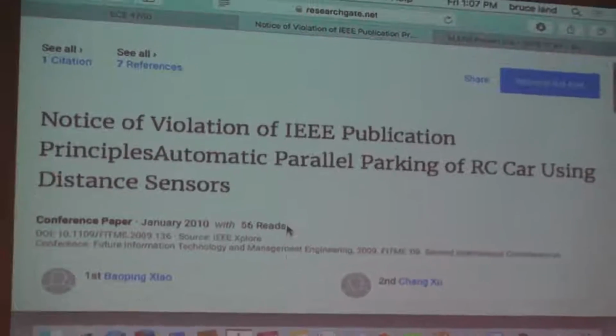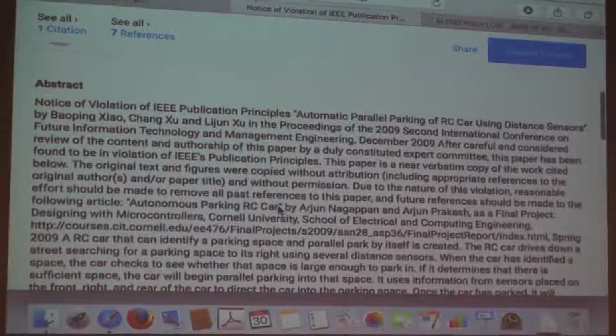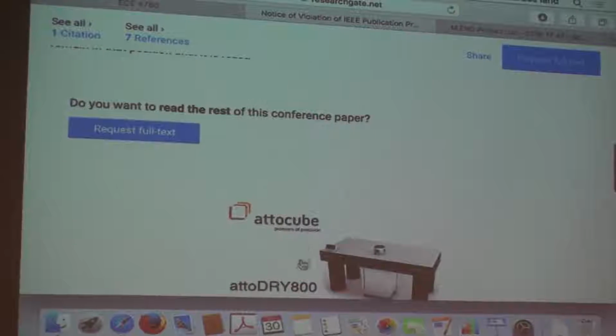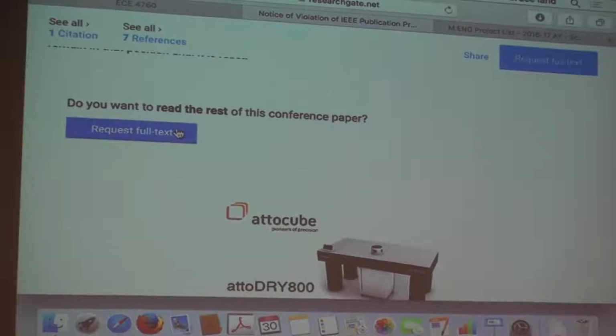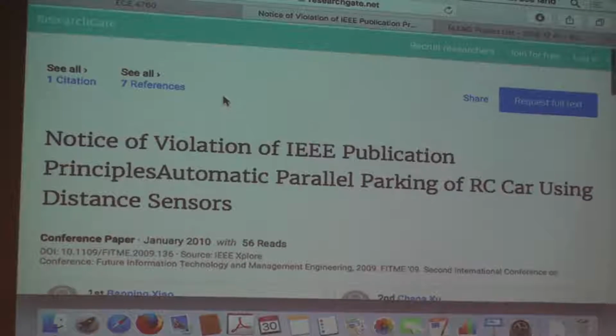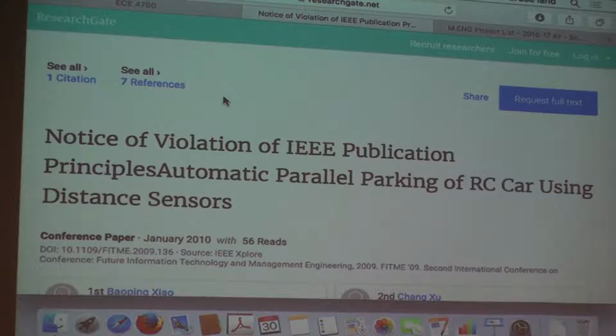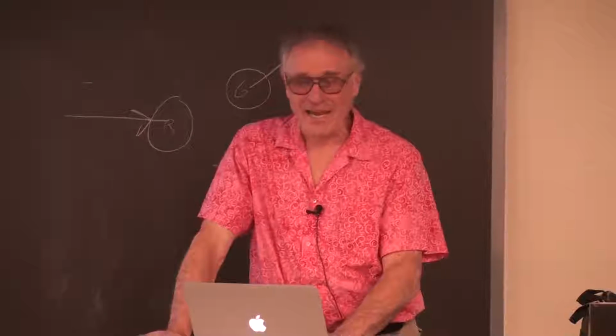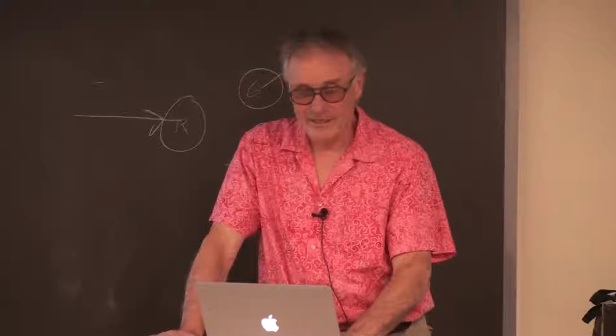This is the original one. Violation of IEEE projects. And it turns out that if you request full text, you get bounced to our site. You can actually look up the take me off your mail list paper, and it shows the paper, and it has graphs and everything. It's amazing. It has a state machine. Like a state machine. Yeah, perfect. It's just amazingly blatant.